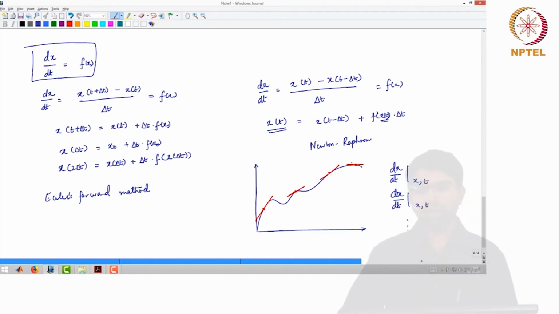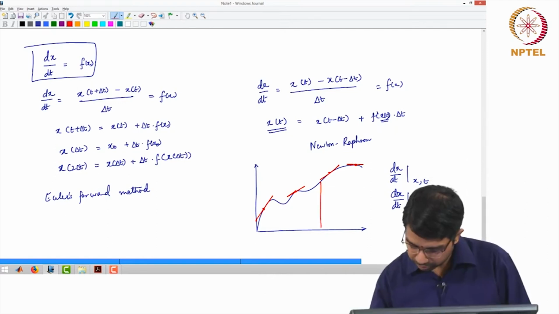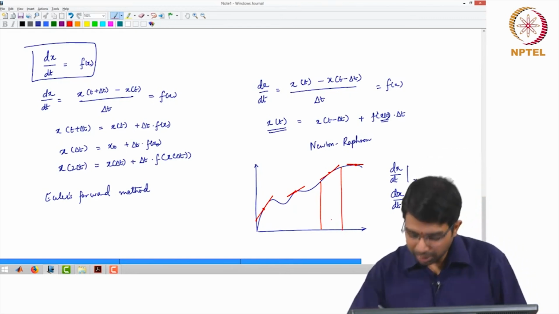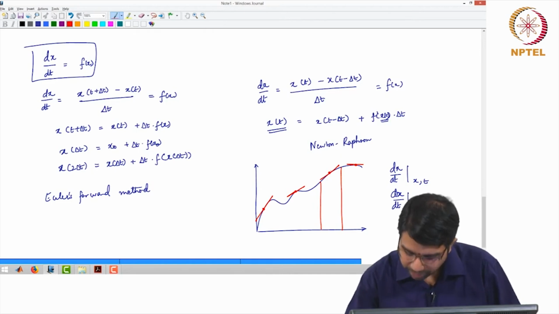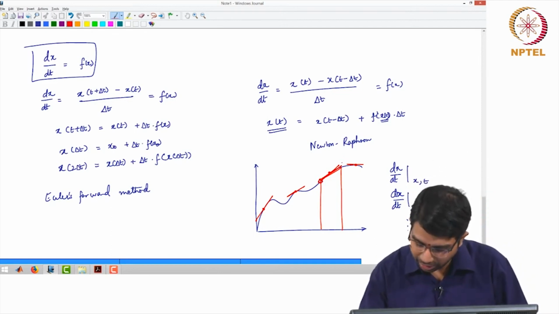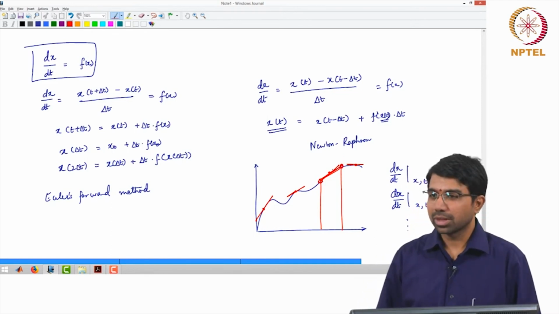Based on these slopes, you have to reconstruct the original curve. So, you basically assume that the slope is constant over a small range, and then you use some value of slope for this entire range. Trapezoidal will basically take half of these two.